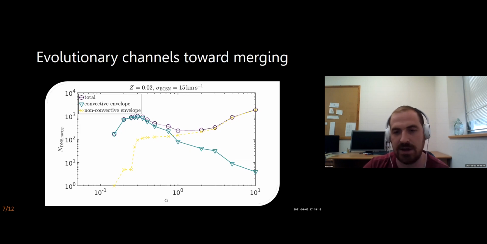If we decompose this and look at what type of star is involved in the common envelope phase with the neutron star, then we see that the first peak is a result of stars which have convective envelopes, and the later rise is from stars which are, for example, Hertzsprung gap stars, which have a different structure.